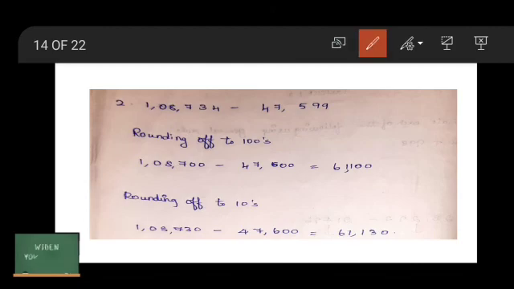The second problem is 1,08,734 minus 47,599. The first rule is to round off to the nearest hundreds place value, checking whether the next digit is greater or smaller. The number next to the hundreds place value is smaller than 5. So no changes will be made in the hundreds place value.